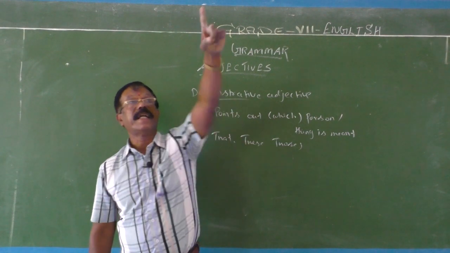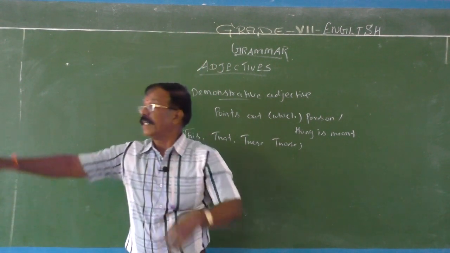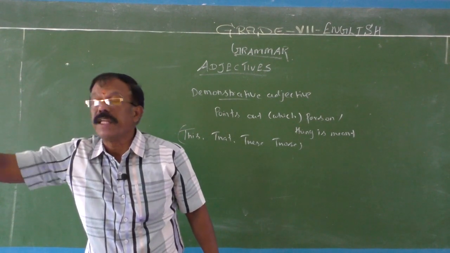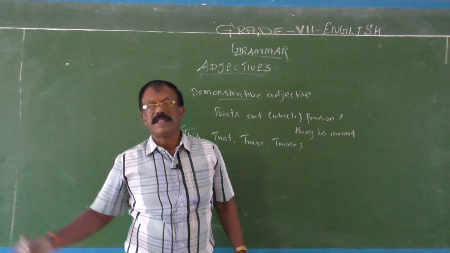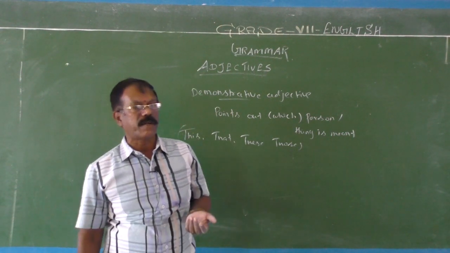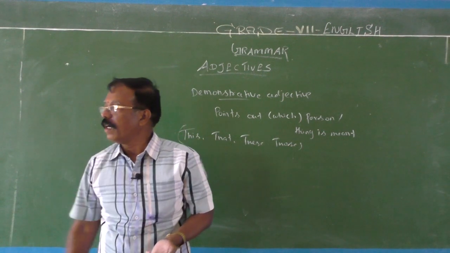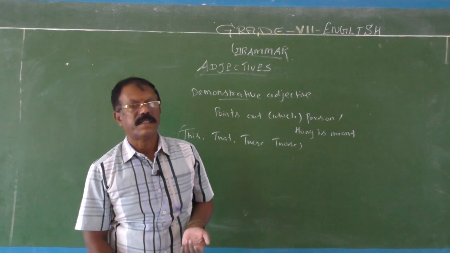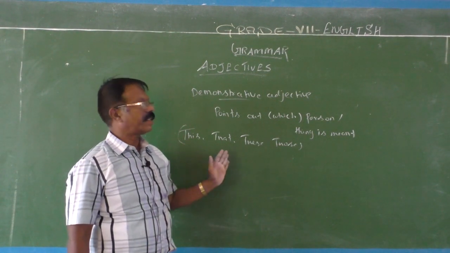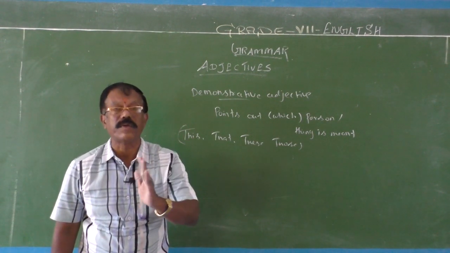Suppose that's a fan, that is a van stand, that is my vehicle, it is far off, it is not near to me. When I would like to point out things which are far off or at some distance, I can use that.